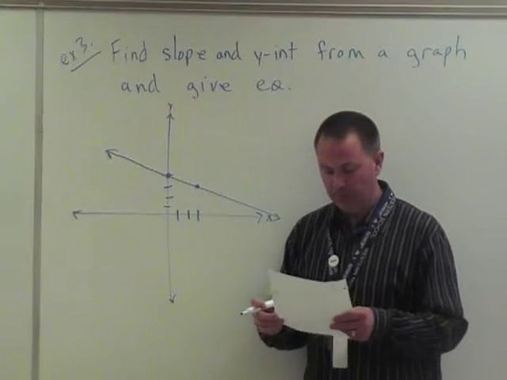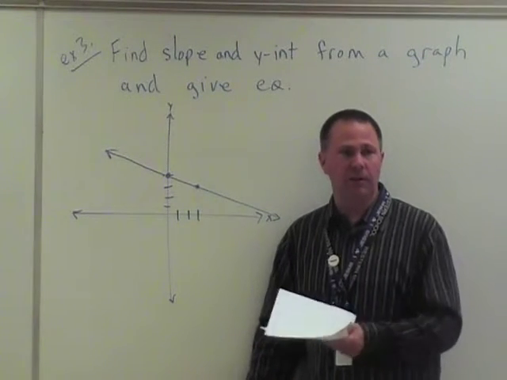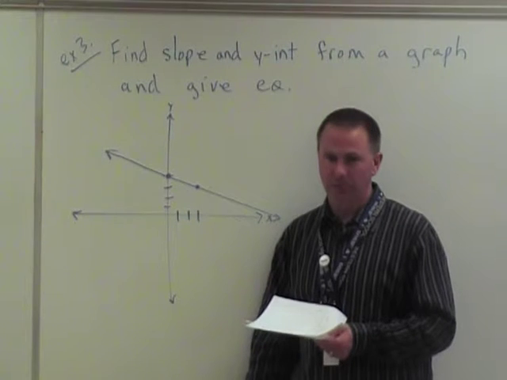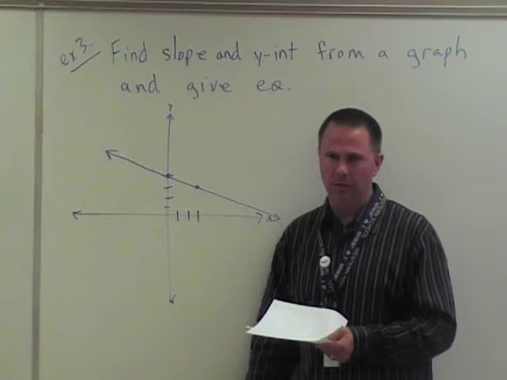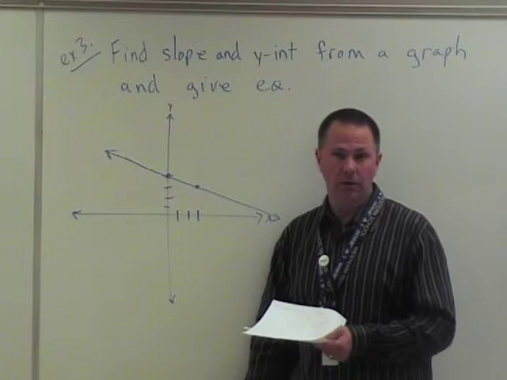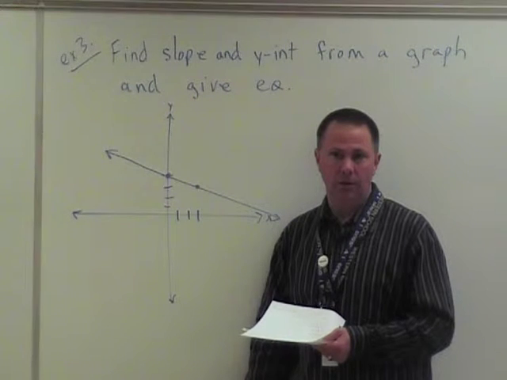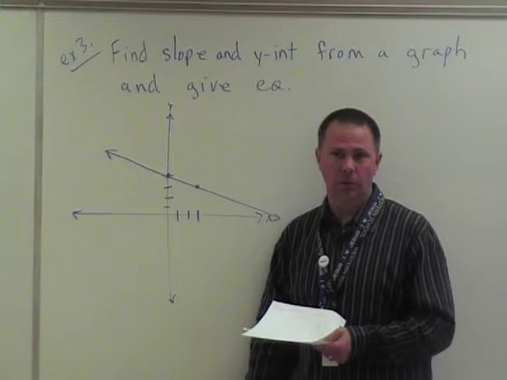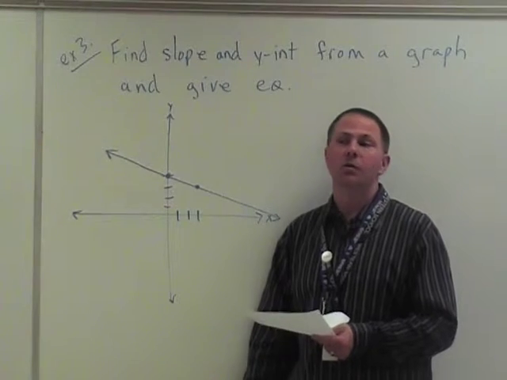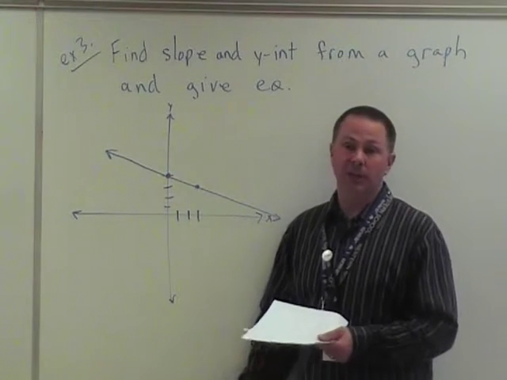All right? Now, what's the purpose of identifying 2 points? Nate? The purpose of it is so you can know which one's the y-intercept. Sometimes they give you the y-intercept, sometimes they don't.